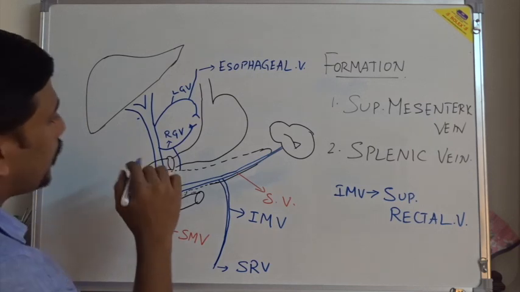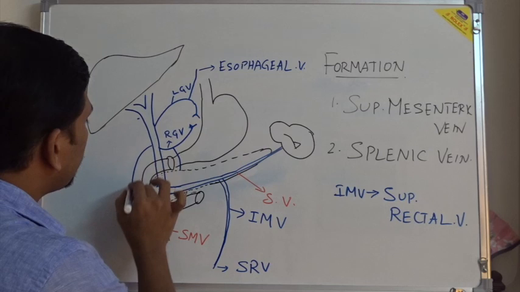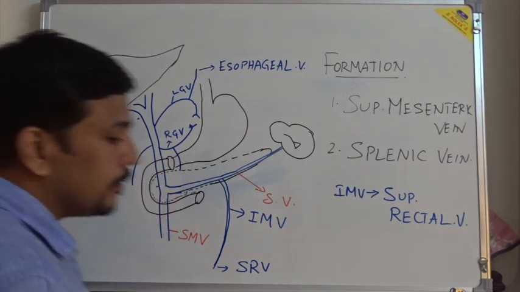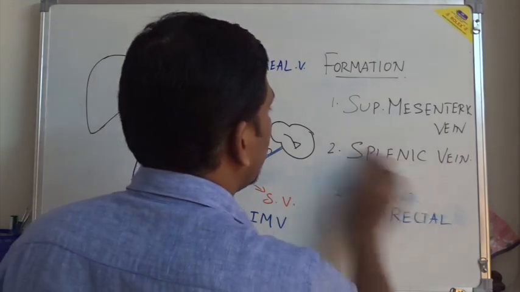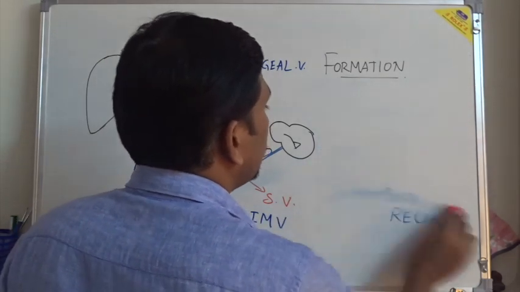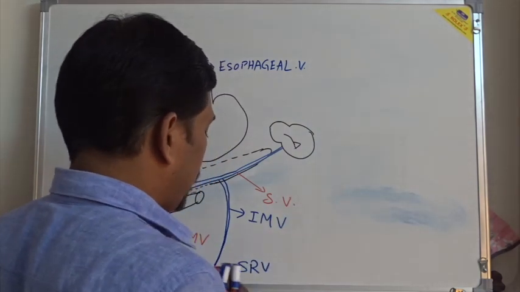And one more important tributary from the trunk part is the superior pancreatico-duodenal vein. So here I will write the tributaries from the trunk part. Okay.